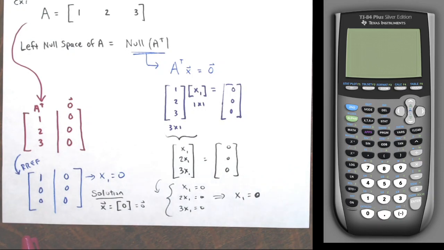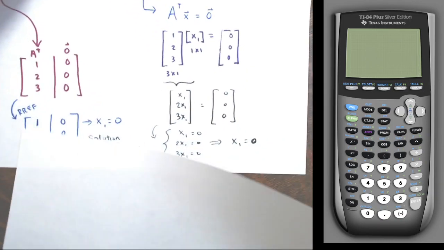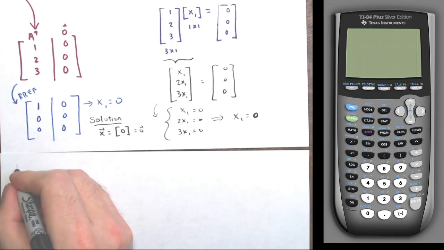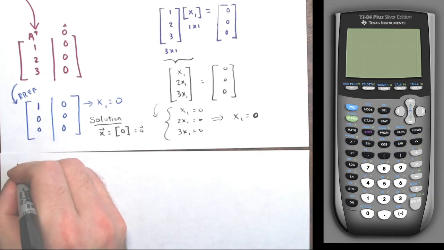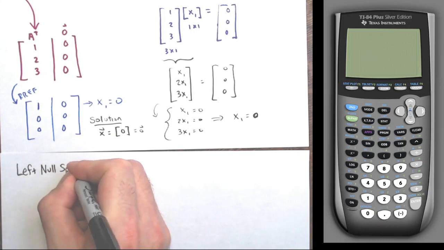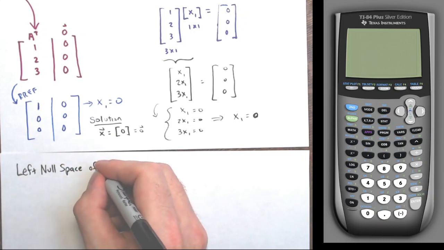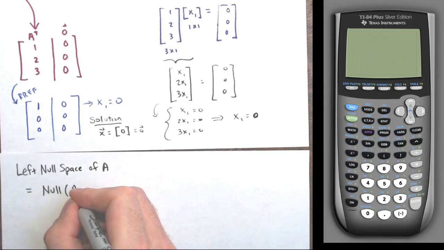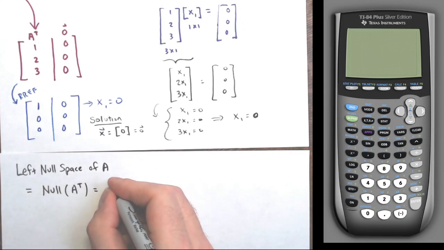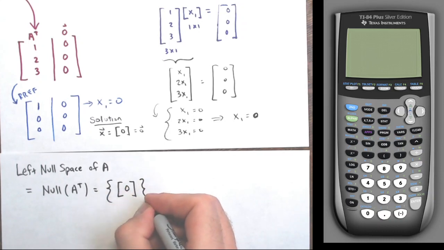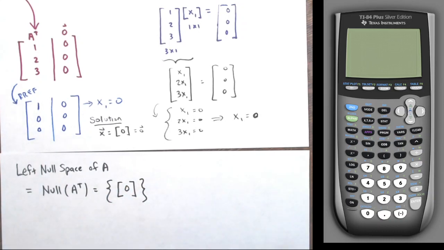So the left null space of matrix A is, again, this null space of A transpose, which is only consisting of the 1 by 1 matrix with 0 in it. That's it.